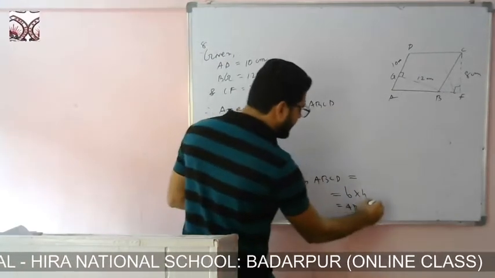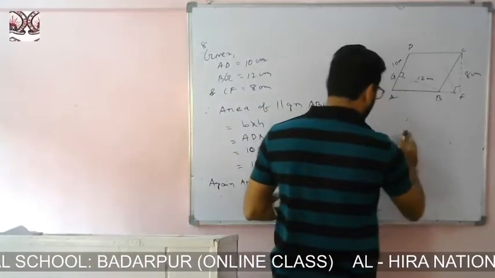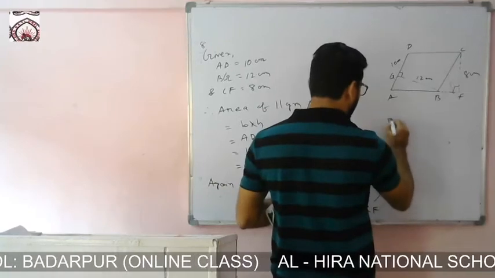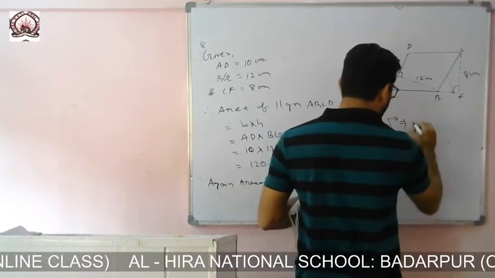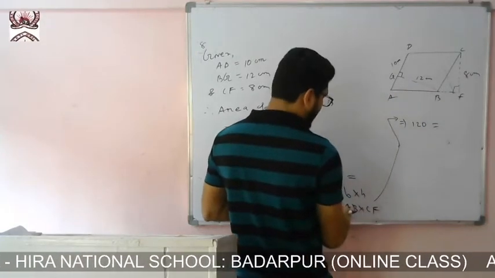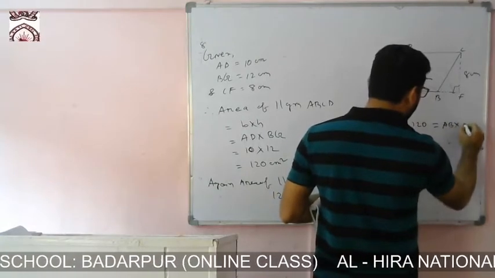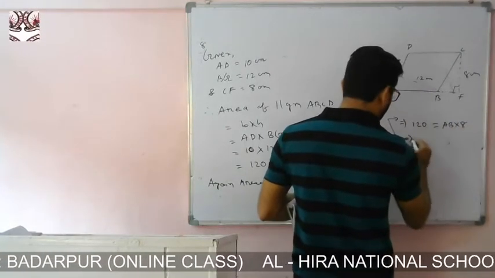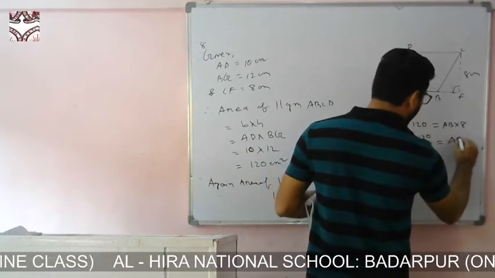After that you write like this: 120 equals AB into CF. AB you have to find. In place of CF I can write 8. So from here 120 by 8 equals AB.